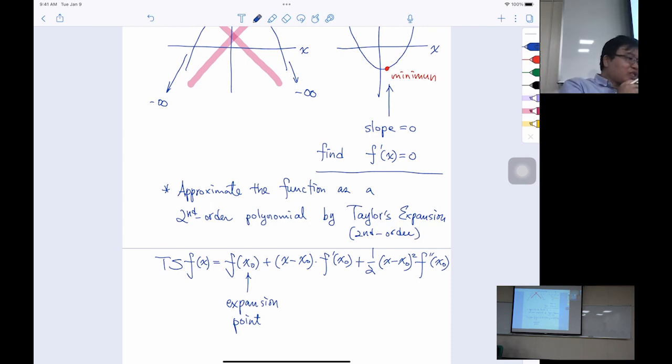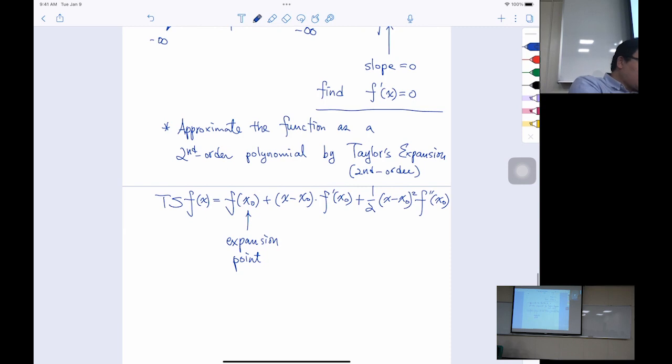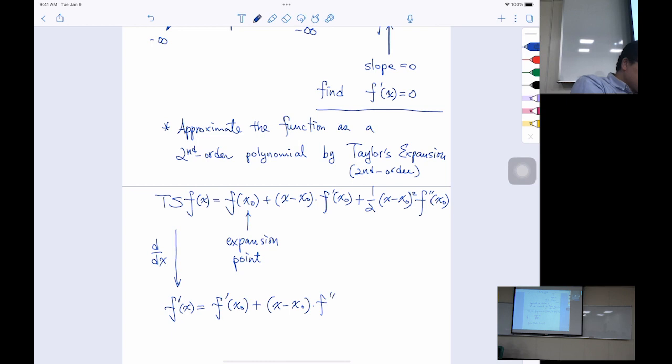So after the approximation, because we're looking for f prime of x equals 0, let's take the first order derivative. So f prime of x would be, right?